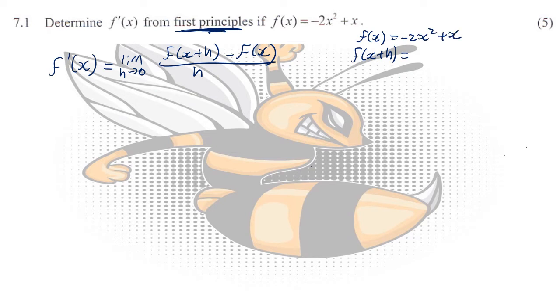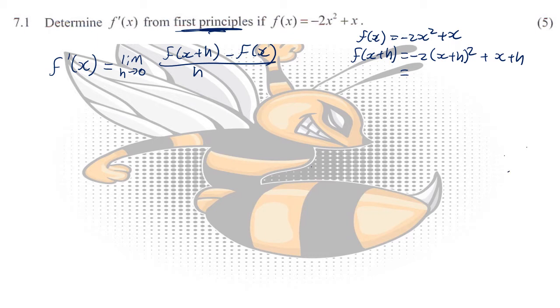Therefore, f of x plus h would be minus 2 times x plus h squared plus x plus h. So everywhere where I saw x, I replaced it with x plus h. Now, I like to do the f of x plus h separately from the first principles formula, just because it's going to let all those fractions look a little bit less messy.